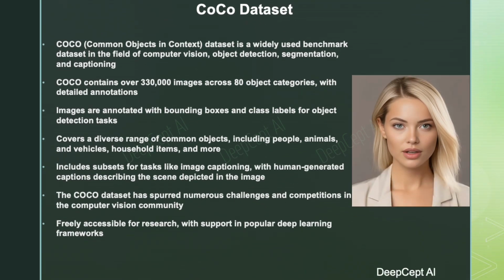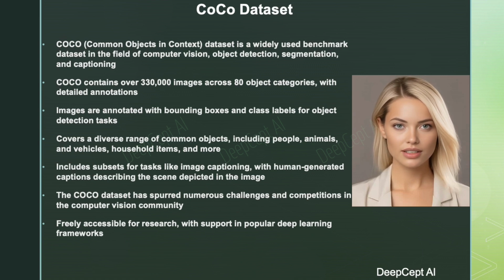The COCO, Common Objects in Context, dataset stands as a foundational resource in computer vision, offering a vast collection of over 330,000 images spanning 80 distinct object categories. Each image within COCO is meticulously annotated with bounding boxes and class labels, providing detailed information crucial for object detection tasks.